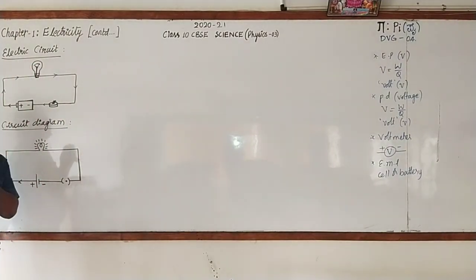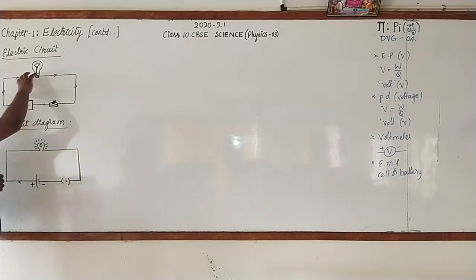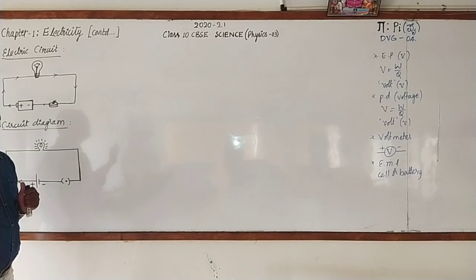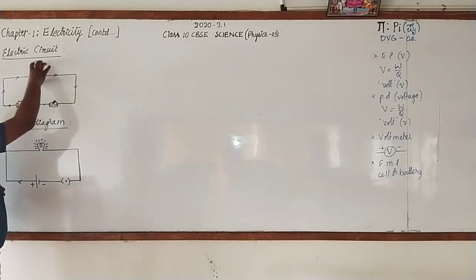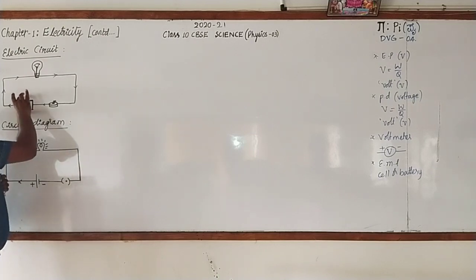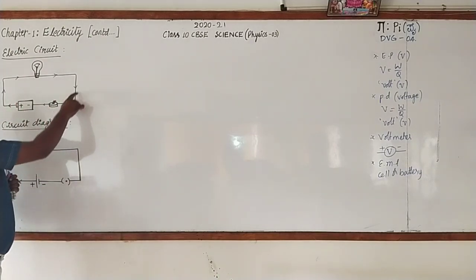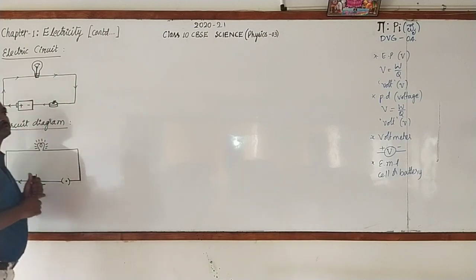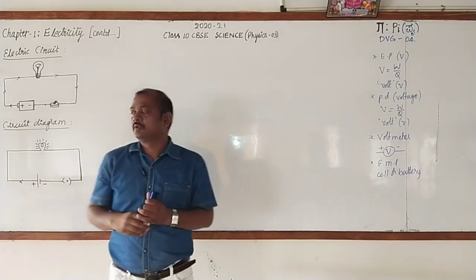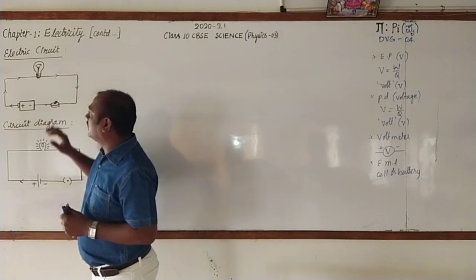Also one more important piece of information, about the electric circuit. We made a simple circuit using electrical components: an electric bulb, a cell, a switch, and in addition, wire. This is how we arranged it.